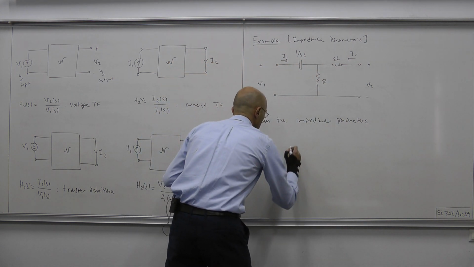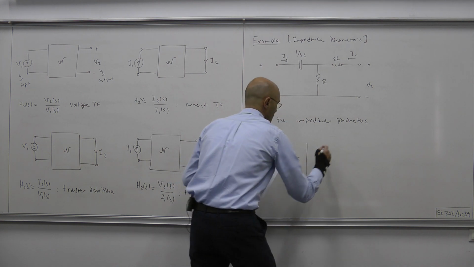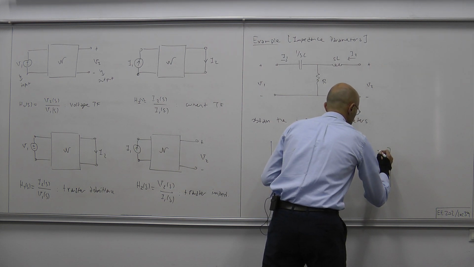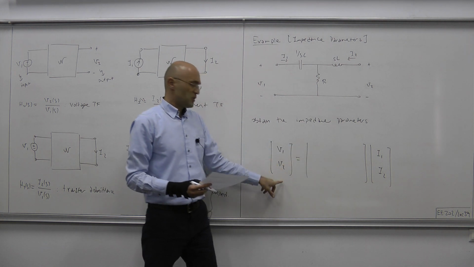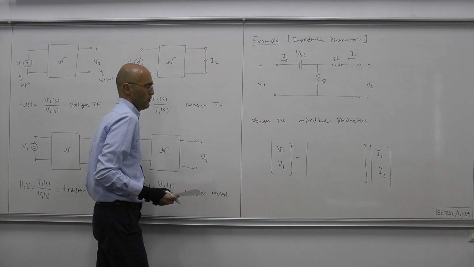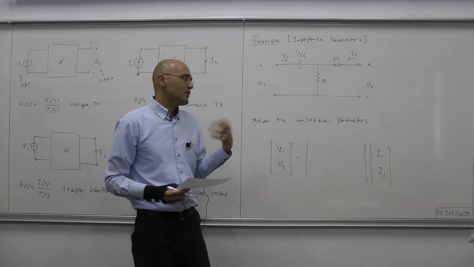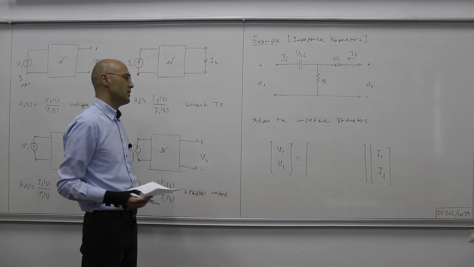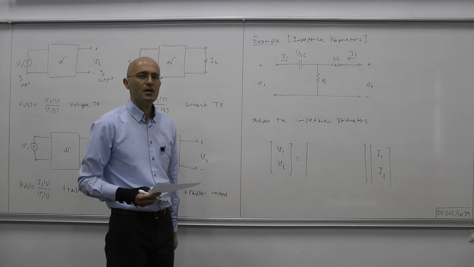So clearly what we will have is, here we have the output, and then here we have the input, I1, I2, and it's a vector of size 2, and the output is also a vector of size 2, therefore their relation should be described by a 2 by 2 matrix, and that 2 by 2 matrix is what we're calling the impedance matrix, and the entries of the impedance matrix are called impedance parameters.